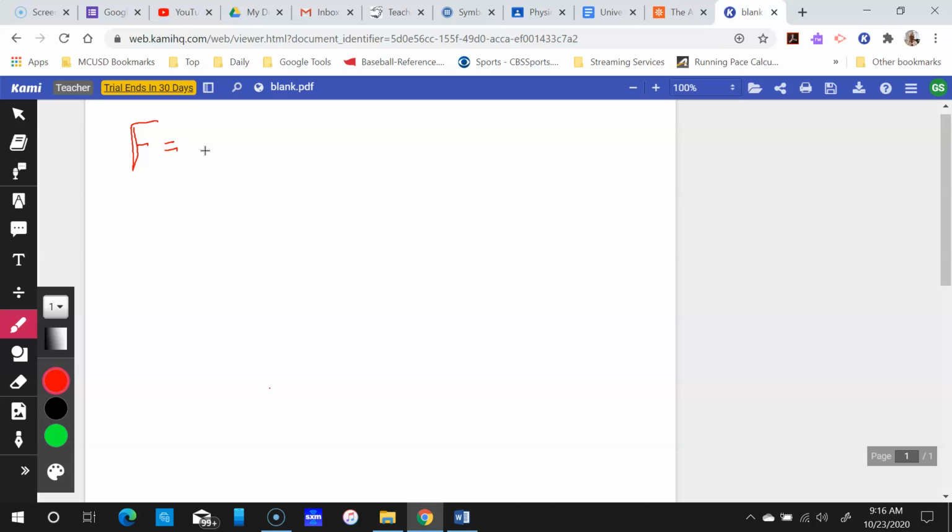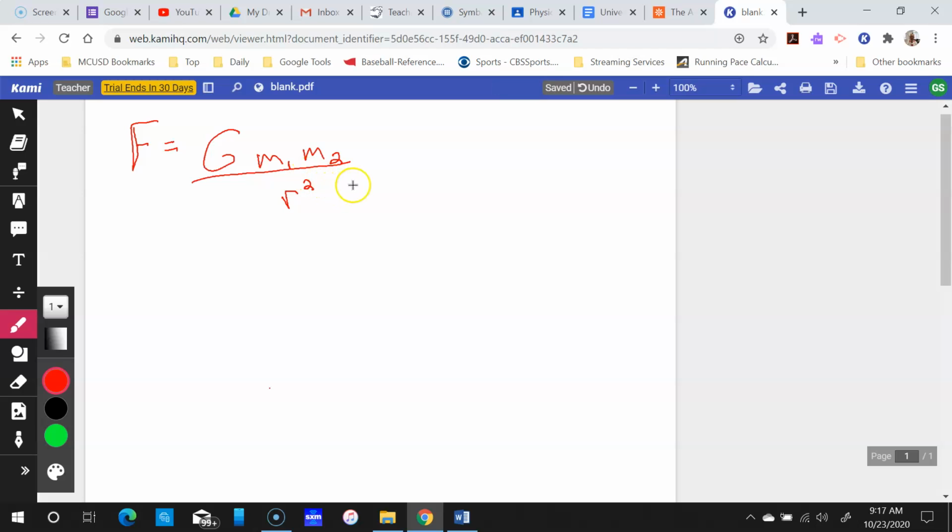So again, the universal law of gravitation equation is F equals G times the mass of the first object, times the mass of the second object, divided by the distance squared between the 2 objects.